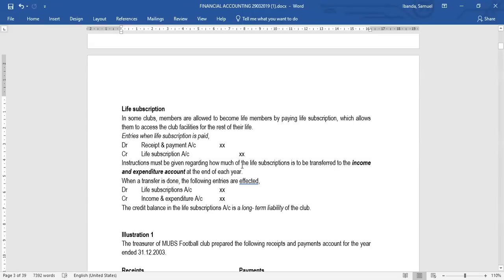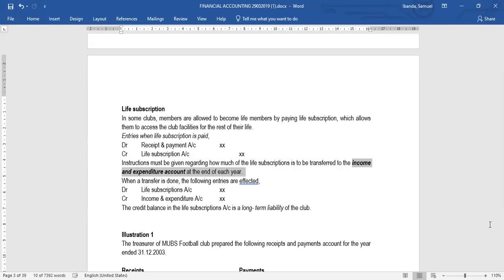So every year, for us to reduce the liability, if somebody has paid a life subscription, let's say for the next 10 years, we shall divide that life subscription by 10, and we shall get an amount of money that we should recognize in the income and expenditure every year. So if, for example, they have paid 10 million for the next 10 years.